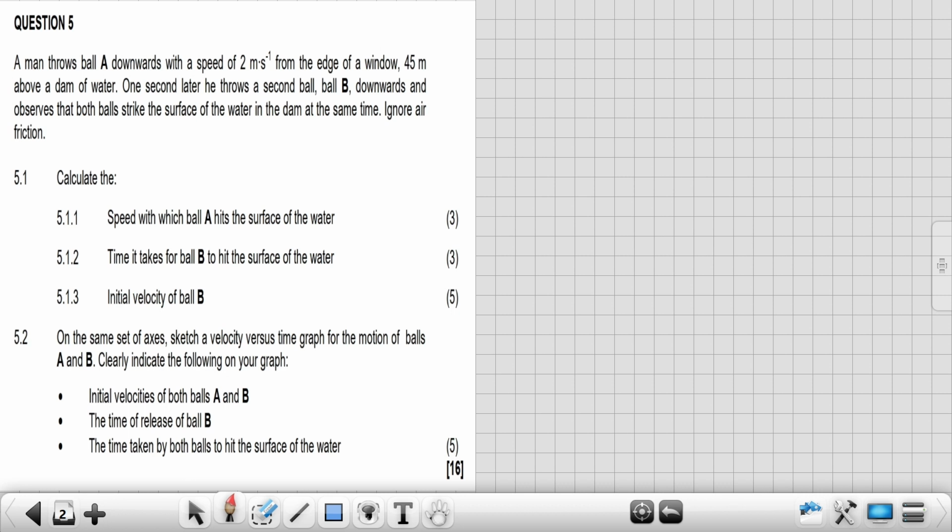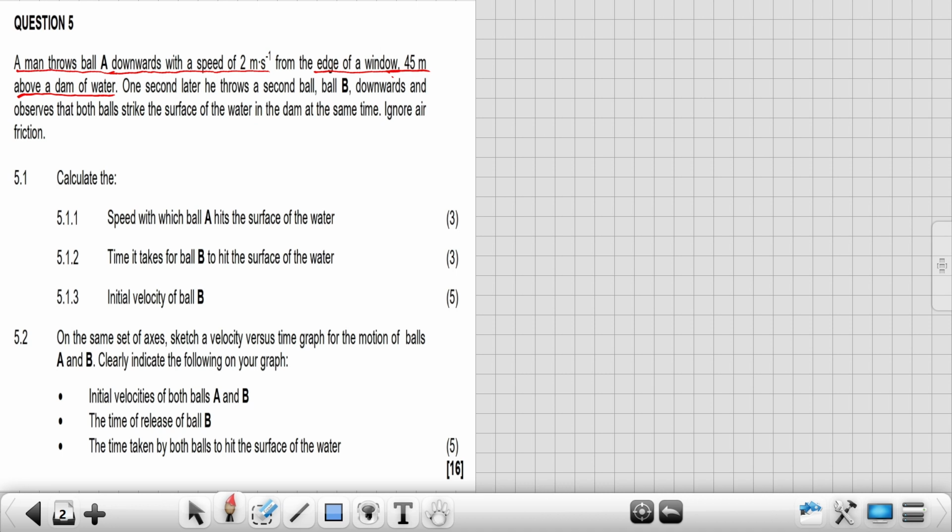It says here a man throws a ball A downwards with a speed of 2 meters per second from the edge of a window that is 45 meters above a dam of water.